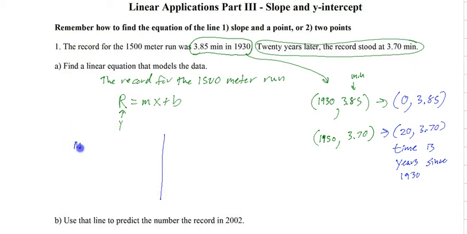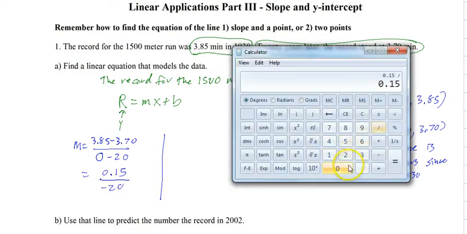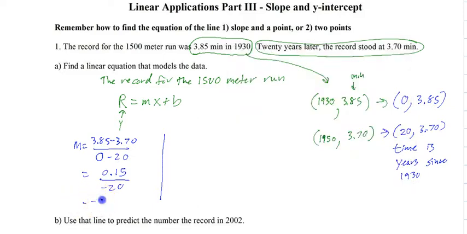So the first thing to find is our slope. So we have 3.85 minus 3.70 over 0 minus 20. And that's 0.15 over minus 20. Let's plug that in our calculator. 0.15 divided by 20. So it's minus 0.0075.